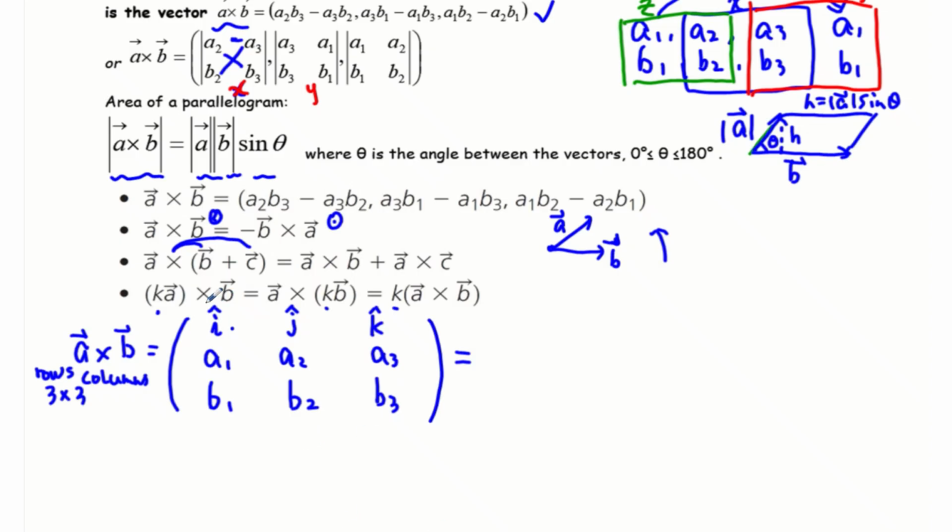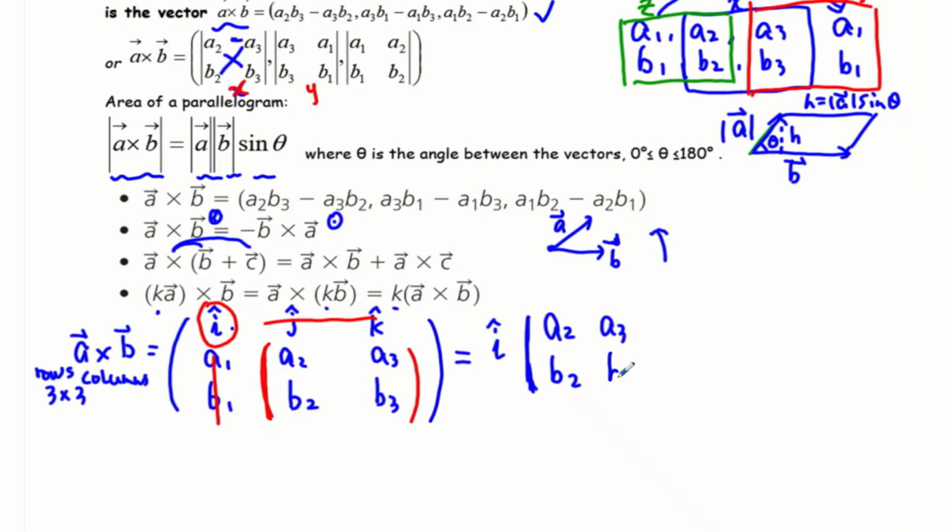For the i direction, we cross this row out, to have this part left. Okay, so we are going to write i, then it will give us A2, B2, A3, B3, the determinant of this matrix.